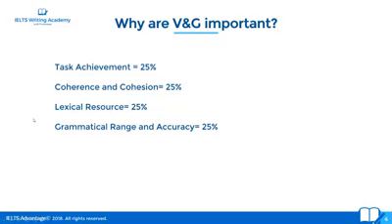Coherence is about whether your answer is easy to understand and very clear. If you're making lots and lots of grammar mistakes and lots of vocabulary mistakes, then your answer is difficult to understand. It's difficult to see what you're trying to say in the answer that the examiner is looking at.